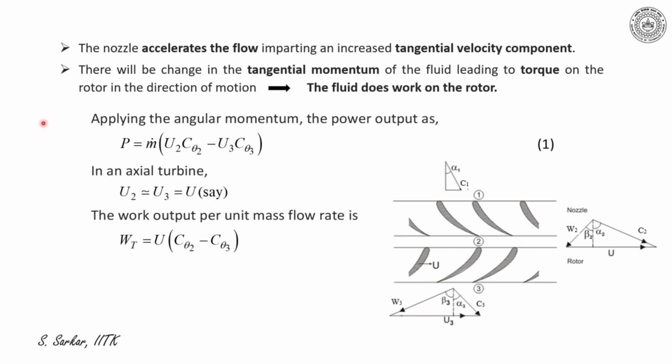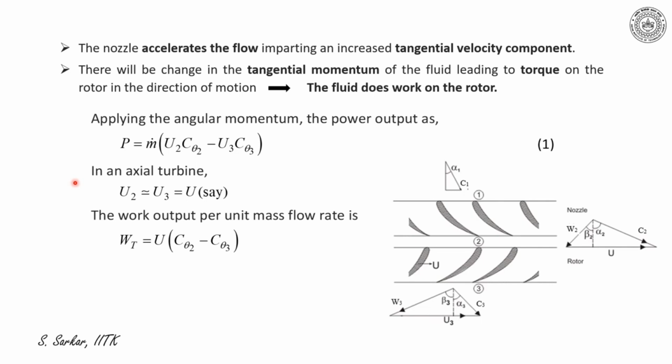Applying the angular momentum equation, the power output would be P is equal to m dot into u2 c theta 2 minus u3 c theta 3. C theta is the projection of C in the tangential direction. In an axial turbine, we can assume u2, that is blade speed, is equal to u3 equal to u.